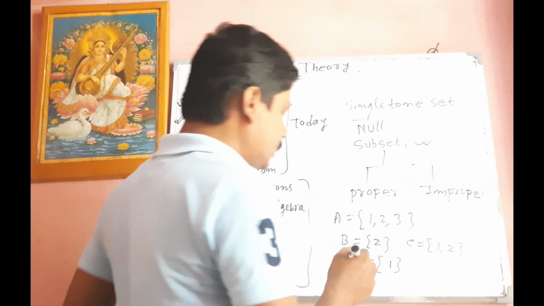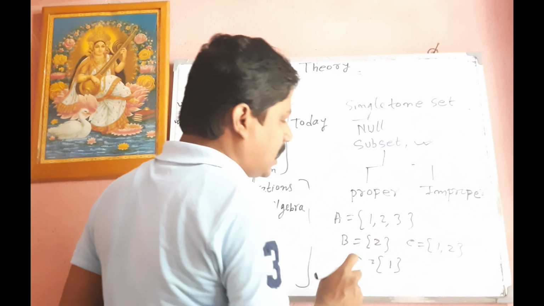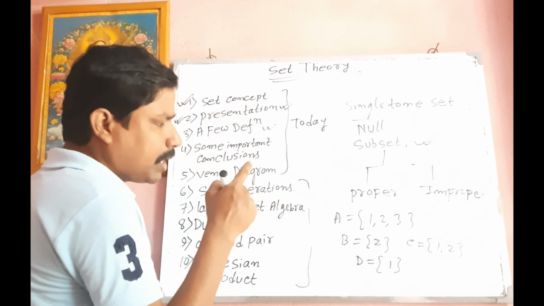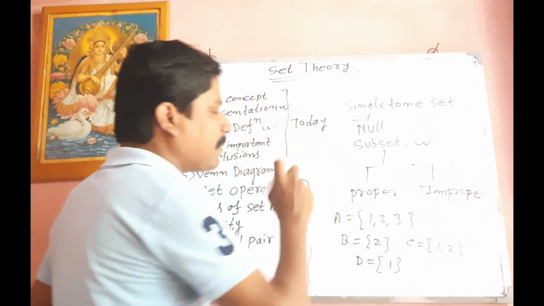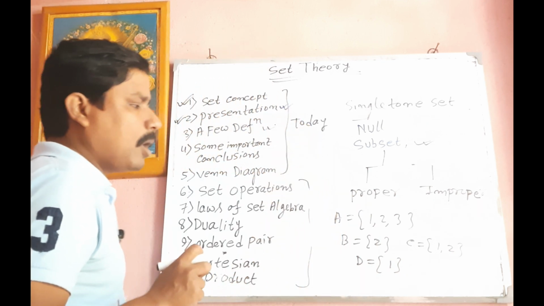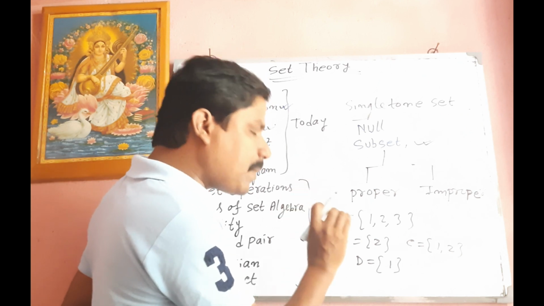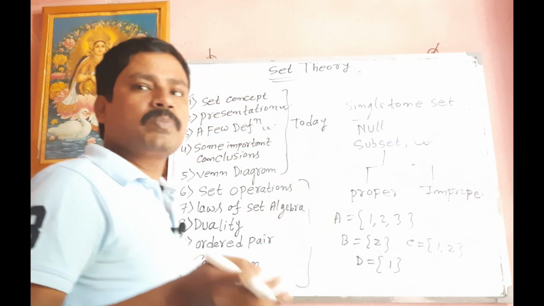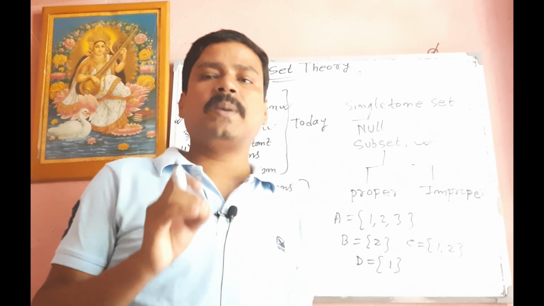Then in our discussion, A is a set and B, C, D are proper subsets of A. Proper subset of A means that some elements are taken to build a set.